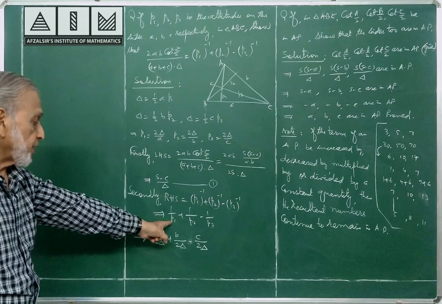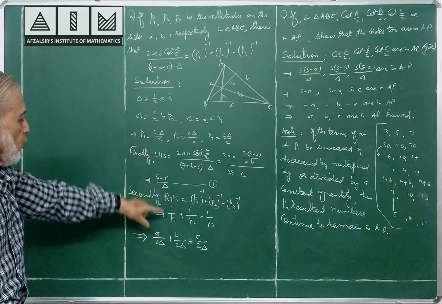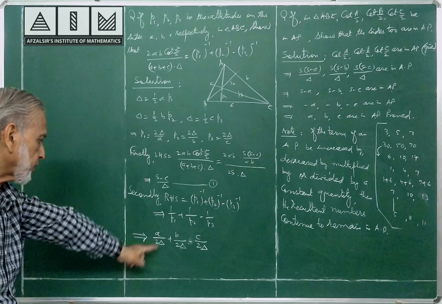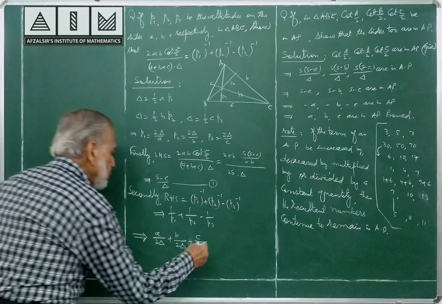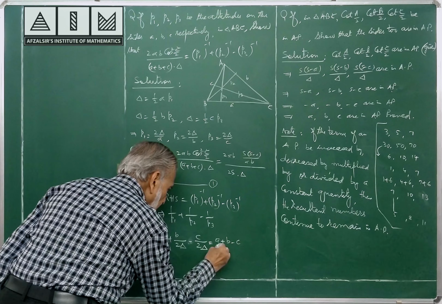P1 power minus 1, that is 1 by P1, 1 by P2 minus 1 by P3. P1 is 2 delta by A. So may I write 1 by P1 as A by 2 delta, B by 2 delta, C by 2 delta. Join them, A plus B minus C by 2 delta.